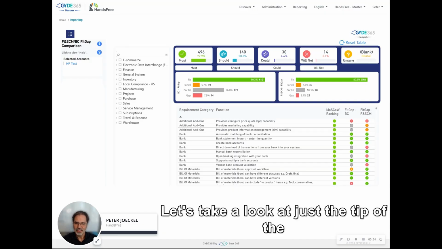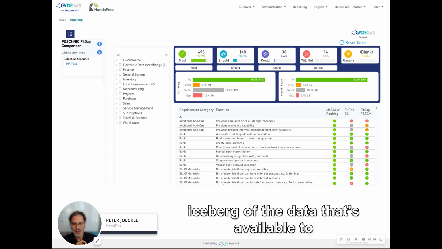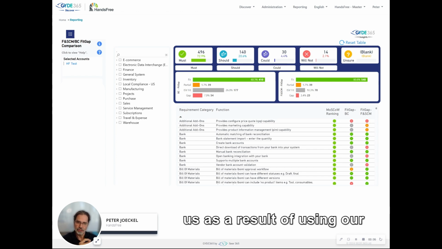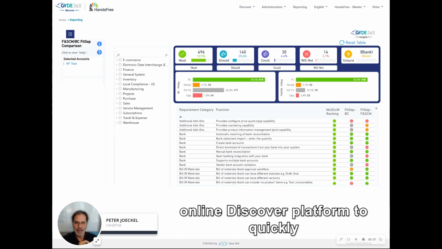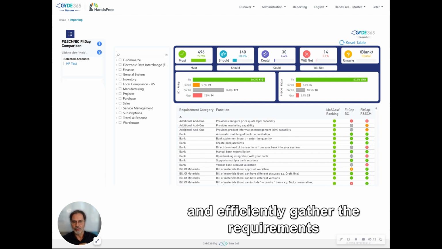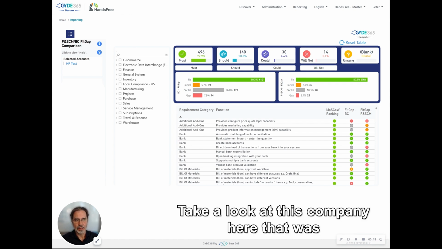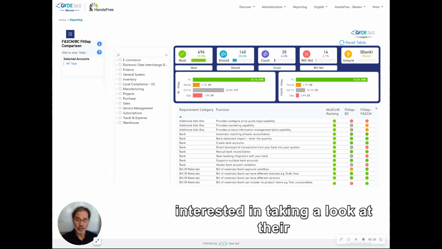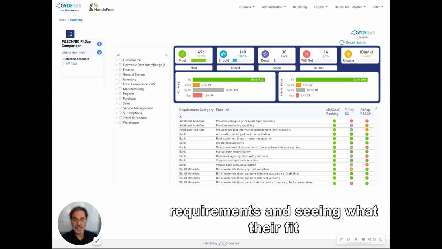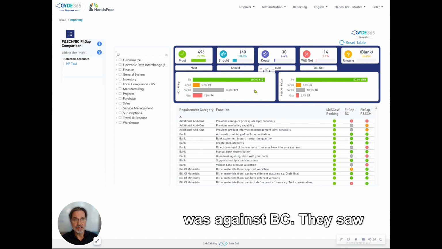Let's take a look at just the tip of the iceberg of the data that's available to us as a result of using our online Discover platform to quickly and efficiently gather the requirements for your next ERP implementation project. Take a look at this company here that was interested in taking a look at their requirements and seeing what their fit was against BC.